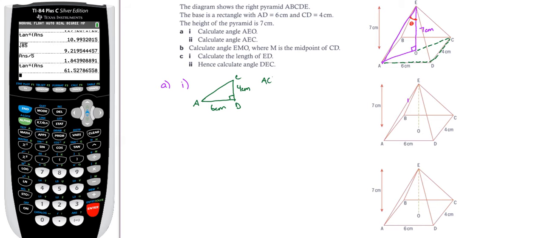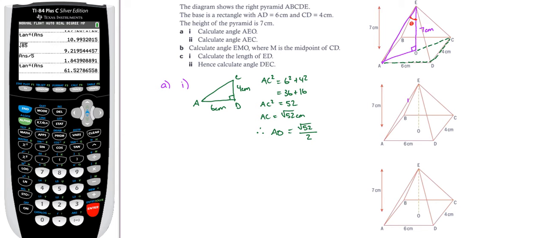So AC squared is going to be 6 squared plus 4 squared, which is 36 plus 16, which is 52. So AC is root 52 centimeters. Therefore, AO, which is halfway across, is going to be root 52 over 2. I have to split that in half.